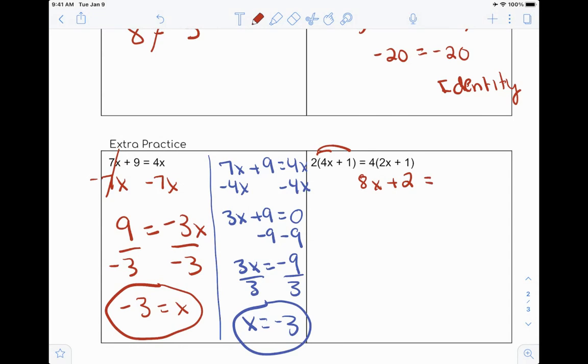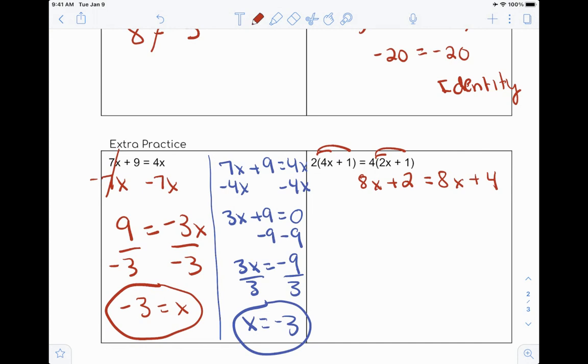Now on the right-hand side, I'm going to distribute the 4, and 4 times 2x is 8x, plus 4 times 1 is 4. So I notice that the variable expression on each side is exactly the same. So that's how I know I have a special situation, either no solution or it's an identity equation, and there's infinitely many values. It would actually be all real numbers. Anything I subbed in for x, it would be true.